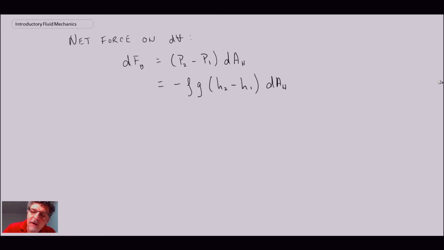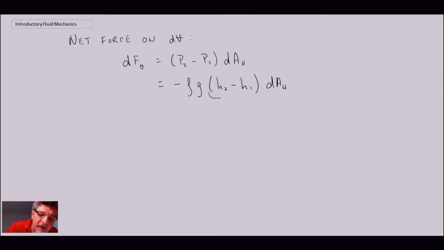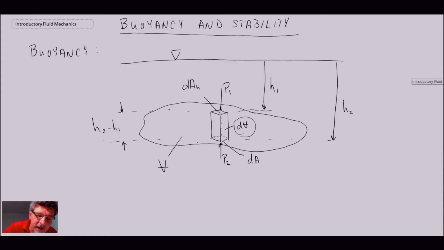Well, if we look at our object, H2 minus H1 times A_h is essentially equal to the volume of that differential element. So this here is nothing more than just dV. So we can rewrite this expression in the following way. Actually, that would be minus dV because we have H2 minus H1, and H2 is lower, so this is further down than H1.